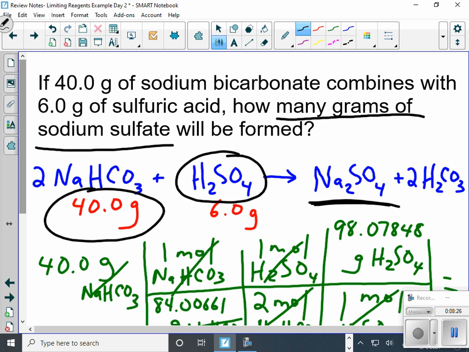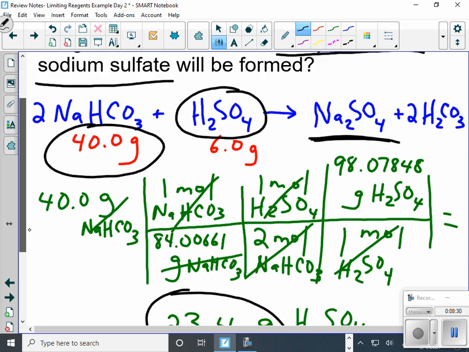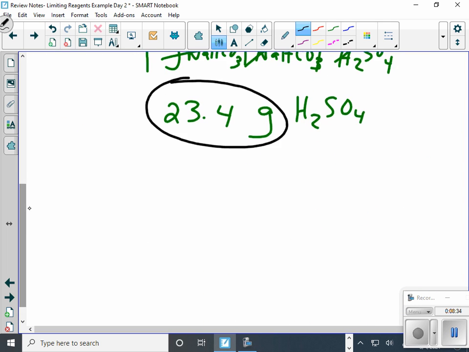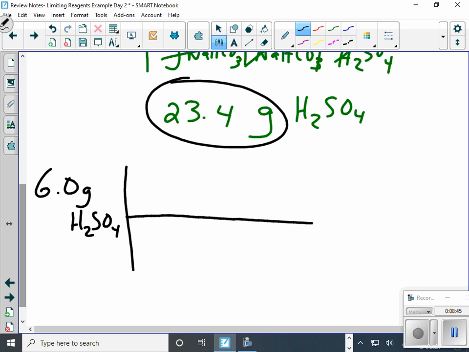No. Not all of it's used up. It's going to give me a bad value. I'm going to start with the 6.0 grams of H2SO4. And I'm going to do my conversion boxes, a mass-to-mass problem, to convert this into grams of sodium sulfate.